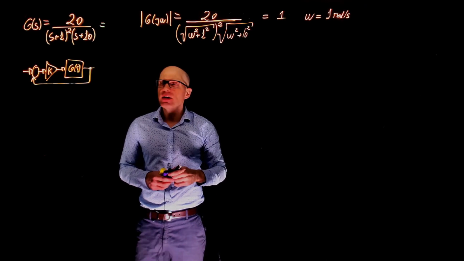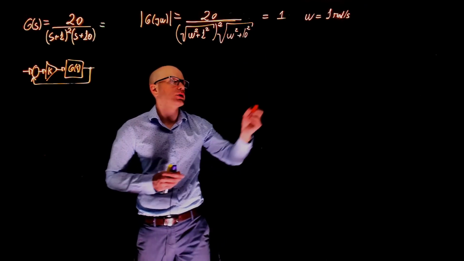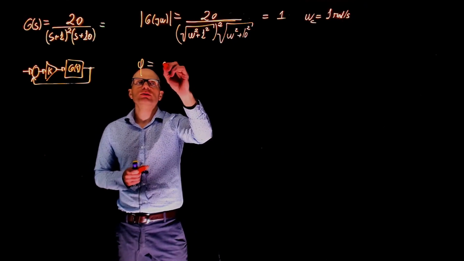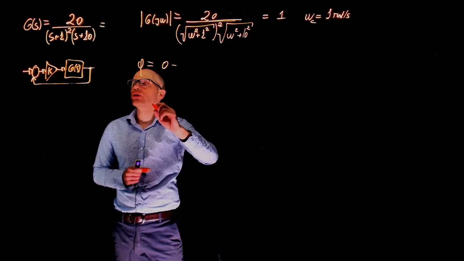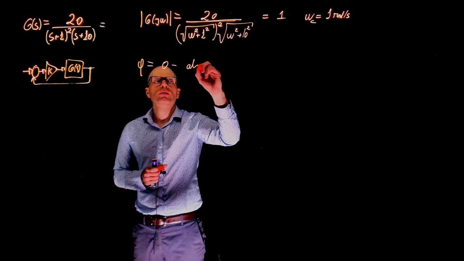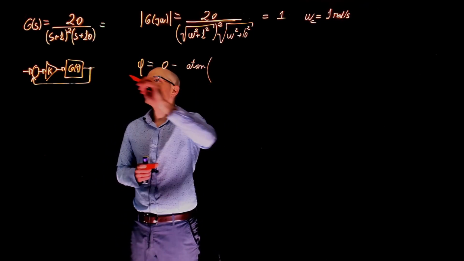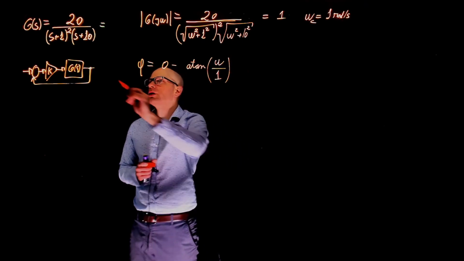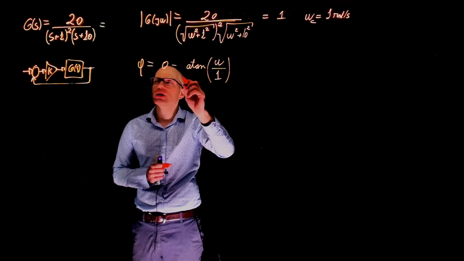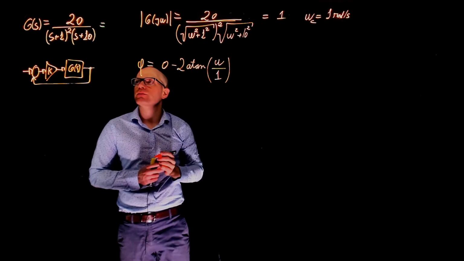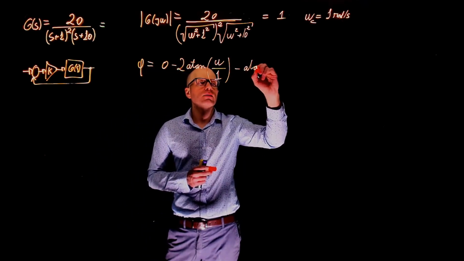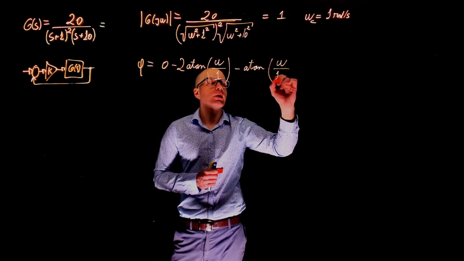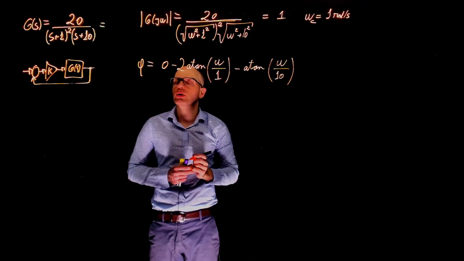Now we can determine the phase of this transfer function at the crossover frequency. Let's call this omega c. The phase is the phase of all zeros, 0, minus the phase of all poles: arctan of the imaginary part, omega, divided by the real part, 1, and here we have two poles at 1 radian per second, so this is times 2, minus arctan of the imaginary part, omega, divided by 10, the real part.